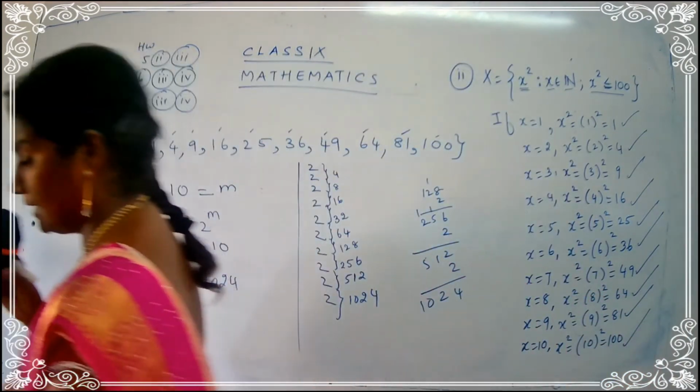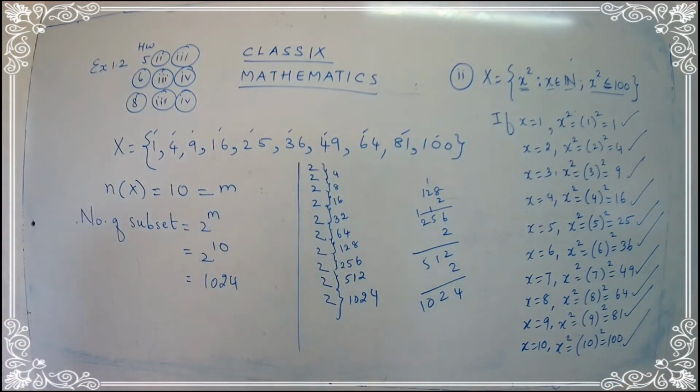Just go on multiplying. You have to write down 2 ten times and go on multiplying. So what is the answer we get? 1024.